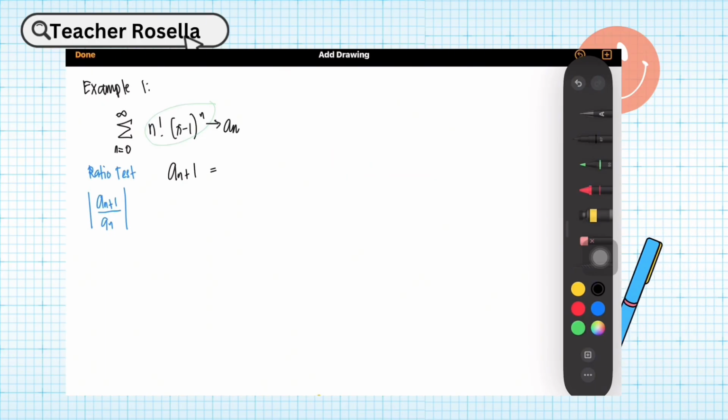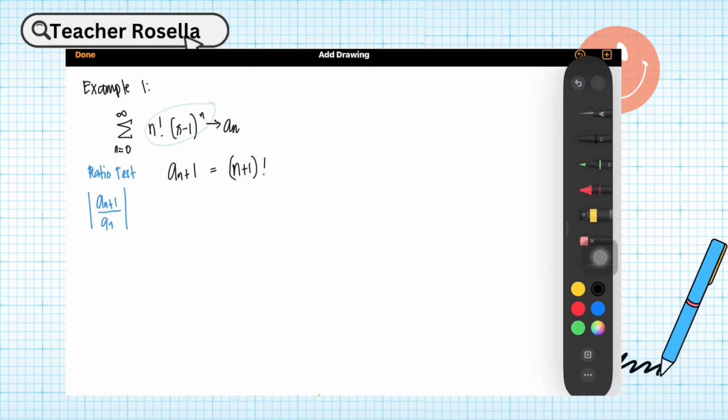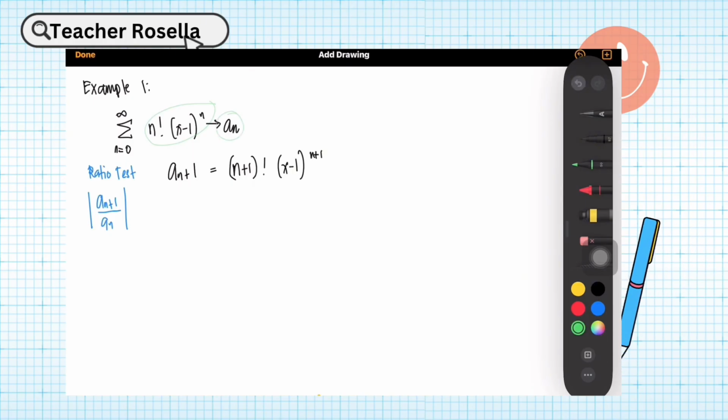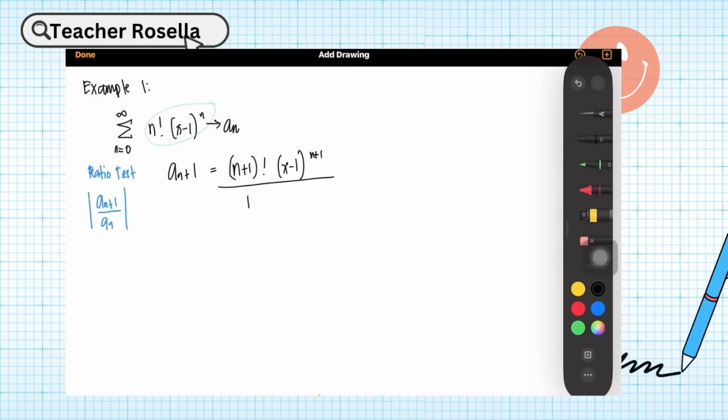So we have n plus 1 factorial times the quantity of x minus 1 raised to n plus 1, all over our a sub n, we just copy our given a sub n: n factorial times the quantity of x minus 1 raised to n.